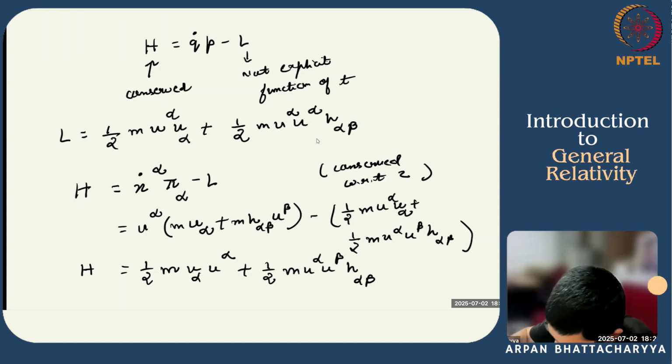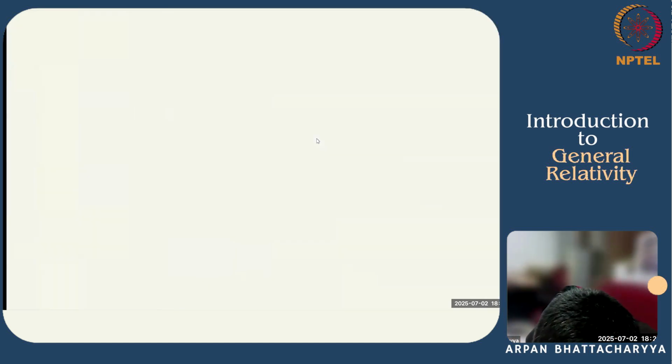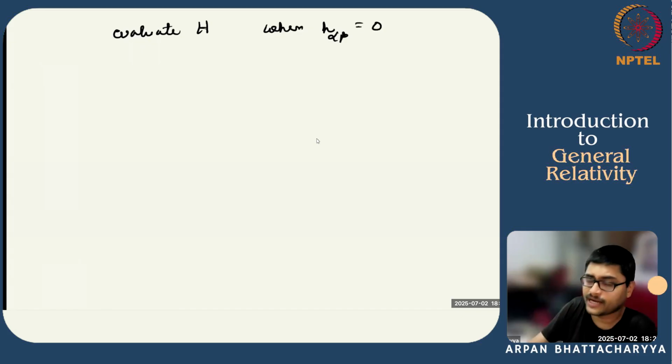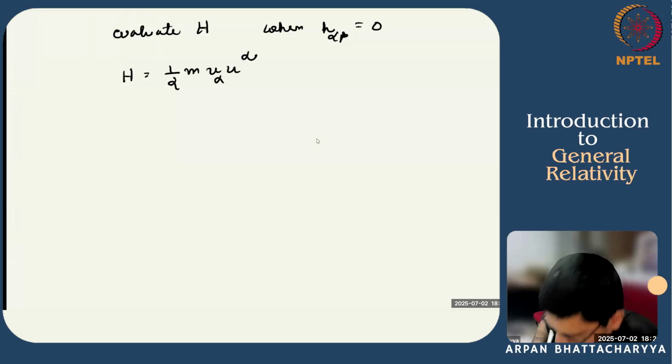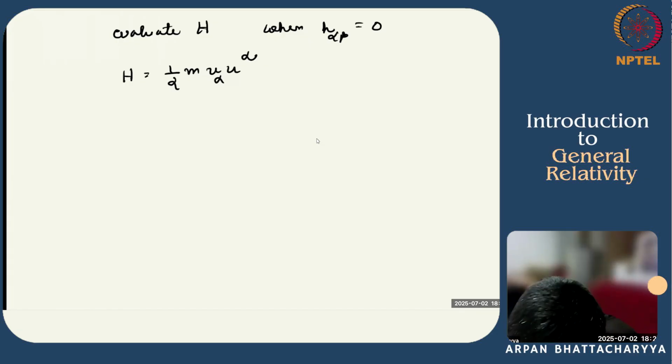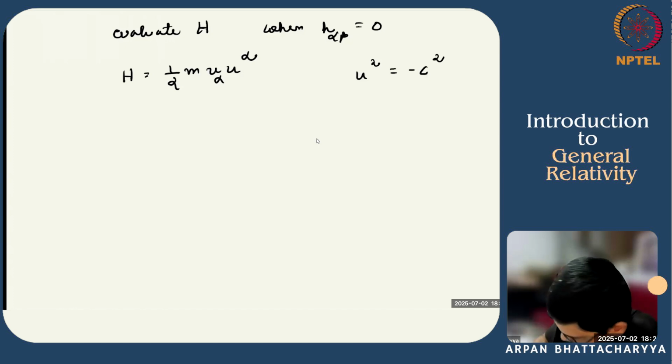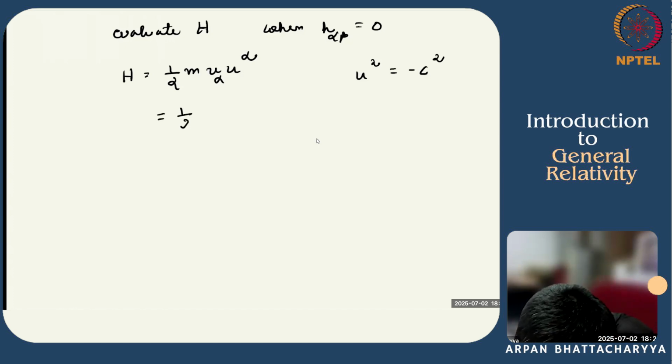So if you evaluate this H when h alpha beta is equal to 0, that is, the particle has not entered the gravitational region, then H is basically half m u alpha u alpha, and we know that for a free point particle, u square is minus c square, which means that this is minus half m c square.